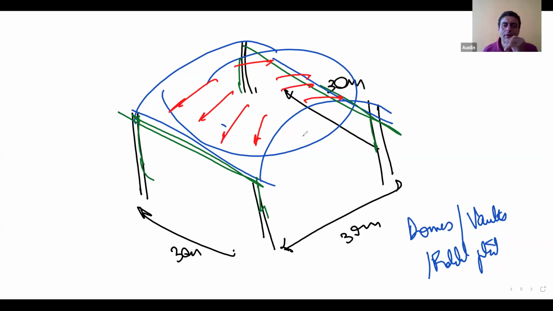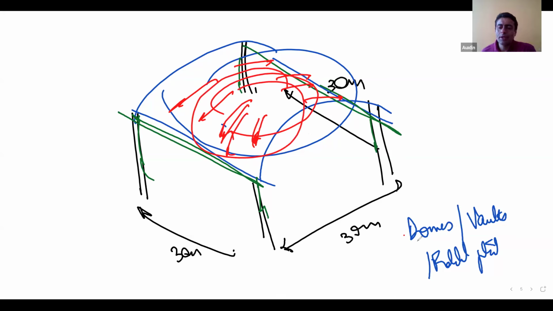Is it clear, please? Yes, you know all these things. So the compression forces, the radial forces, the meridional forces, these may become important in structures like domes or walls, etc. All right.